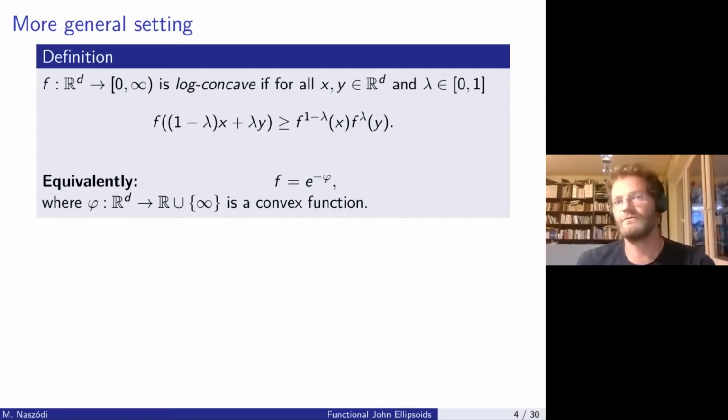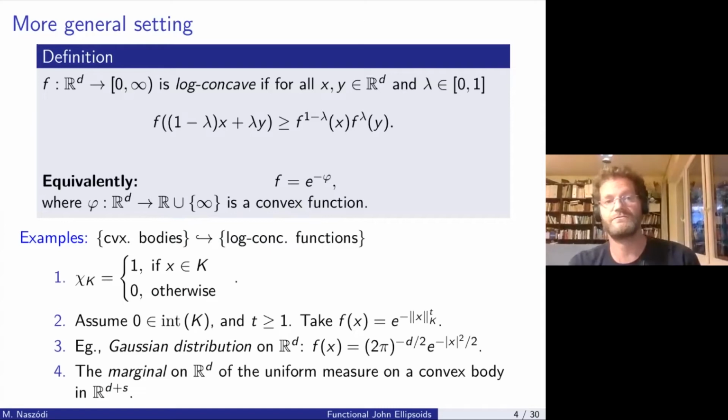But here is an equivalent formulation of this property: the function f is logarithmically concave if it can be written as e to the minus phi, where phi is a convex function. And convex means it can actually take the value of infinity. That's fine. In that case, the value of f is just 0. And we like that.